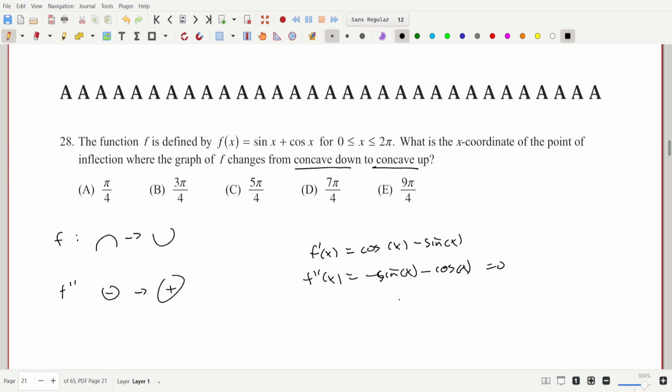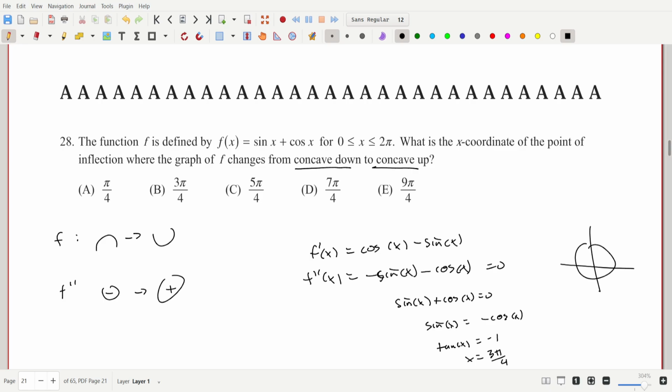So you would get sine of x plus cosine of x equals 0. So sine of x equals negative cosine of x, and you get tangent of x equals negative 1. Let me double check that one, really being careful here. Cosine goes to negative sine, goes to negative cosine. Yeah, that makes sense. So x would be 3 pi over 4.